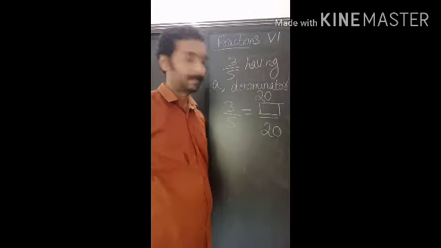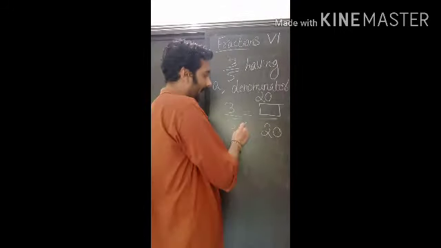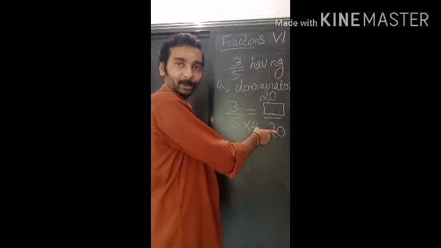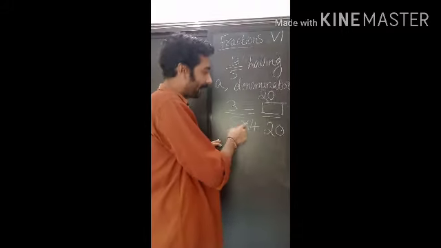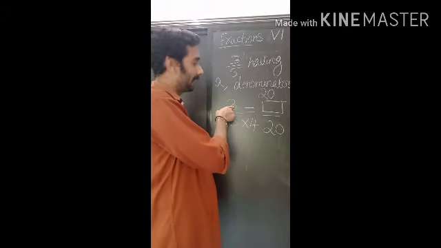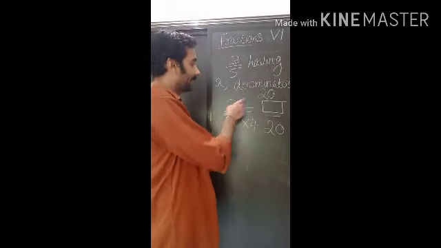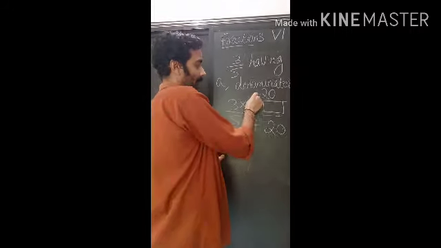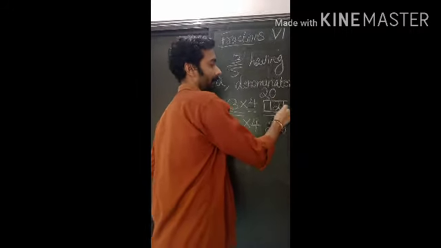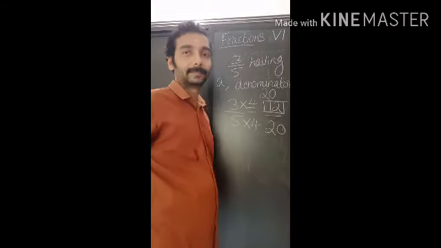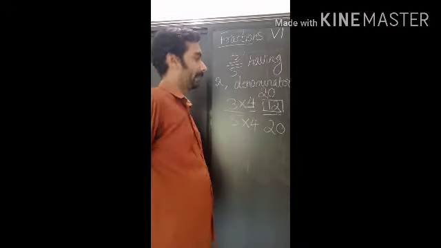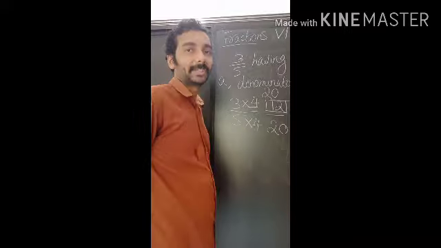Yes, 5 into 4 is 20. Clear? The same number you multiply by 3, that means 3 into 4, that is 12. This value is 12. That means it is the equivalent fraction.